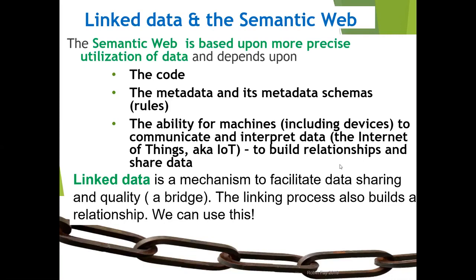Although we may not like our MARC formatting, we've got MARC formatting, we've got metadata, we've got rules that go with it. And the other part of it is the ability for machines, including devices, to communicate, interpret data, build those relationships and share data. And that's the part that we're hitting, I think, in terms of trying to figure out how it can happen.